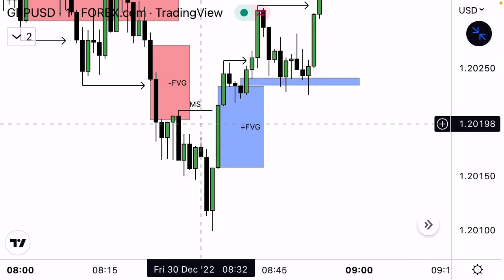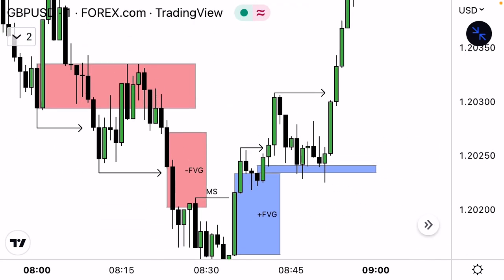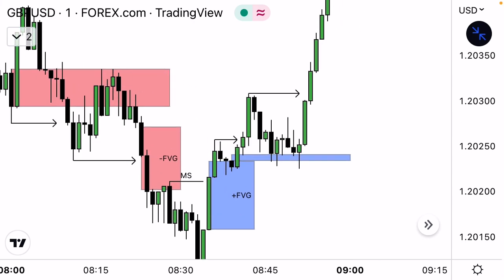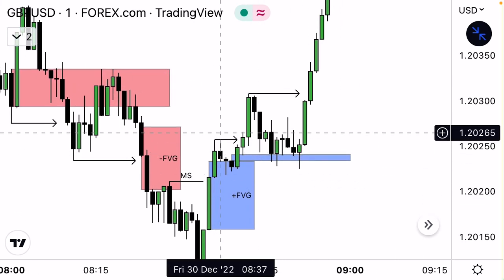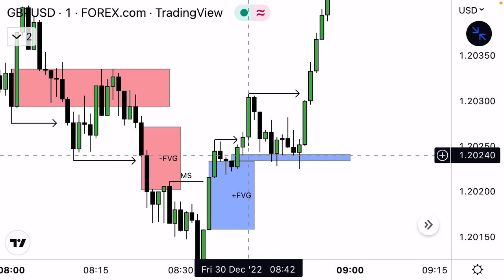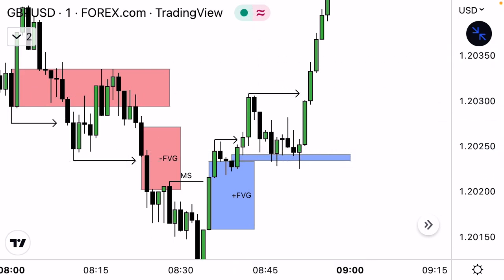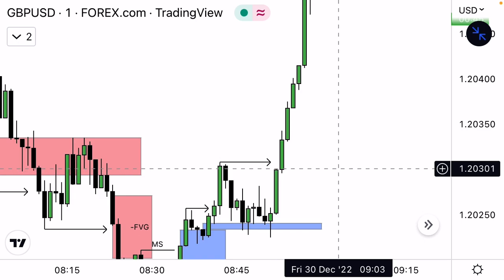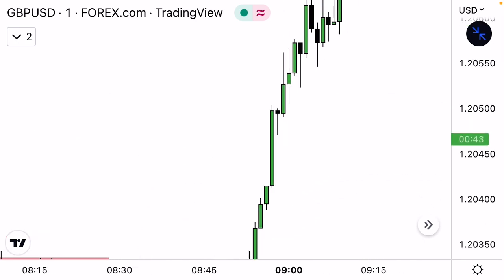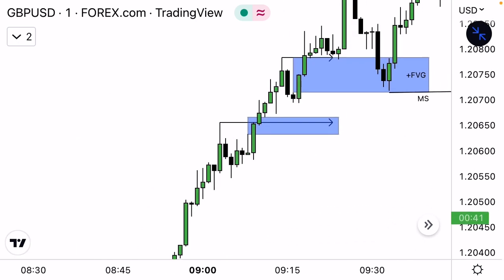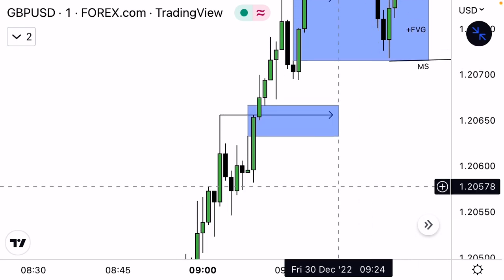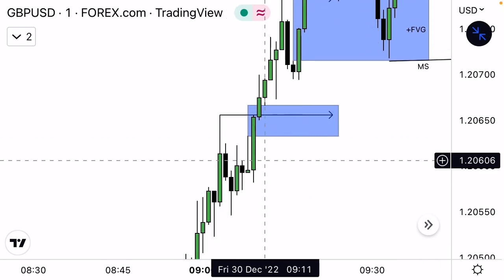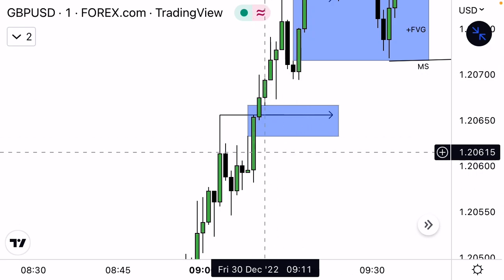This is a displacement, enter on the fair value gaps, target higher. Again here, break of this high, displacement candles, fair value gap, enter, goes higher. Break of a high, displacement, fair value gap, no entry because it kept just running from price. We see here again, break of a high, displacement, fair value gap, didn't give an entry here.